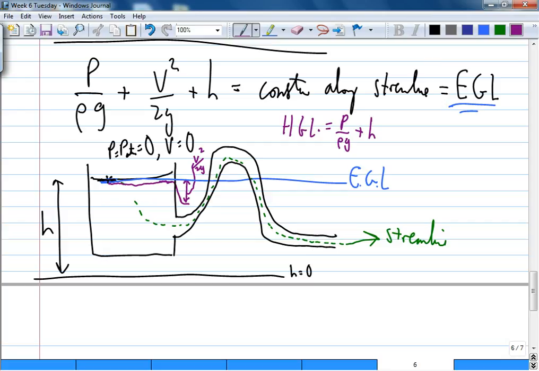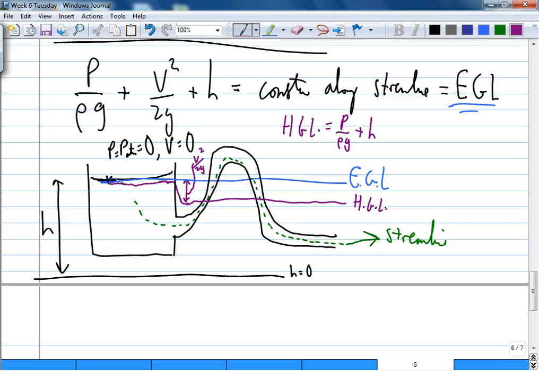Okay? So this line is always the difference, alright, the velocity head, V squared over 2G. So in this case, although the pipe does this funny bend, the HGL will just be, if the velocity is always constant, this will be HGL.